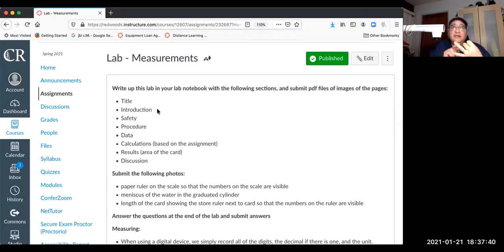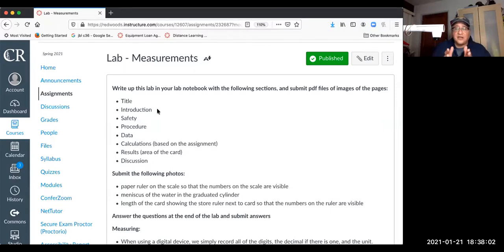Based on the objectives, we're also going to manipulate those numbers, multiply them, add them, and we want to be able to do that correctly. We also want to write out the correct numbers, significant figures, and write them in scientific notation. Those are the things that you want in your introduction.